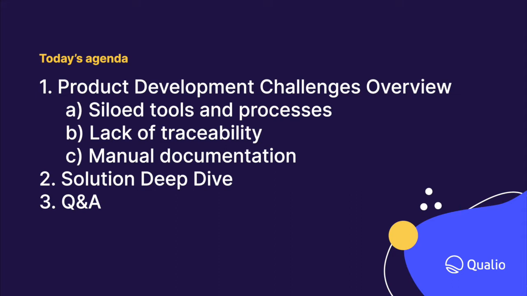The second is that a lack of traceability across those tools makes nesting your requirements, needs, validation and verification very complicated. And finally, compiling all of your information into documentation that enables a product release is tedious, burdensome, and time-consuming. And so today, we will dig deeper into those challenges and how design controls solves for those. That will be our solution deep dive. And then the final part is our Q&A.